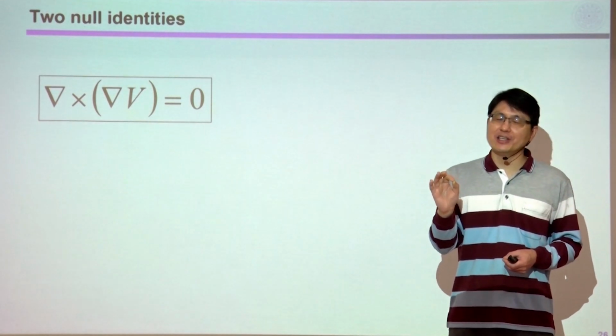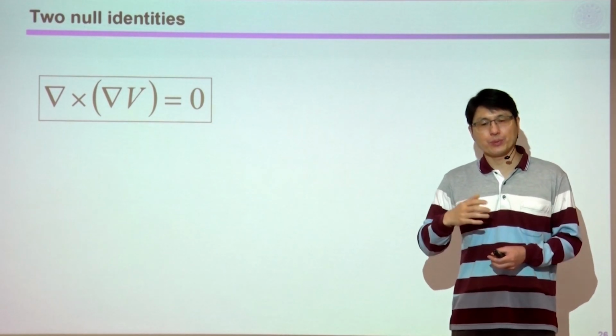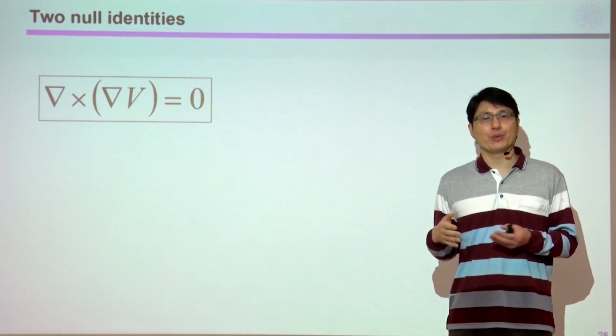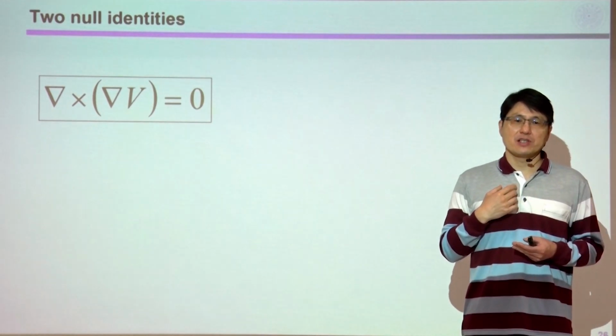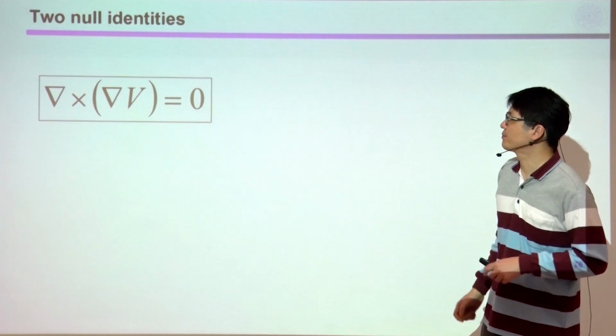I'm sure you learned this already, and for many times, but you don't really know how to understand it, and therefore you cannot remember it. So I think my job function is to help you to understand it in a physical sense.